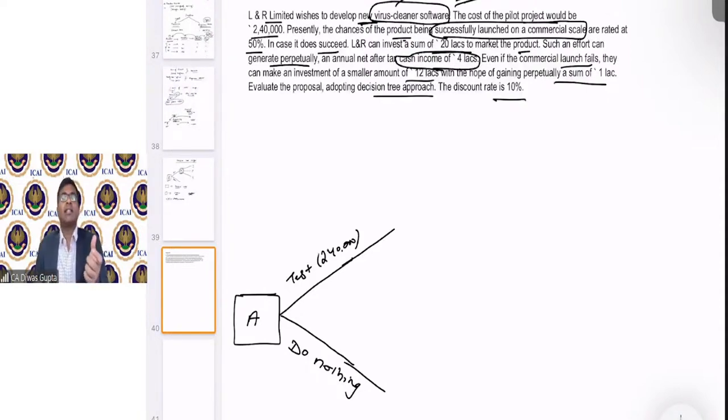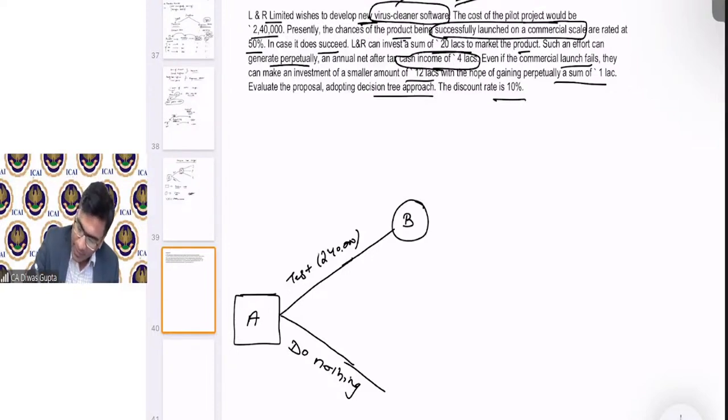Now, if I test, there are two chances. So here I will put a chance node, which I will refer to as B. What are those two chances?